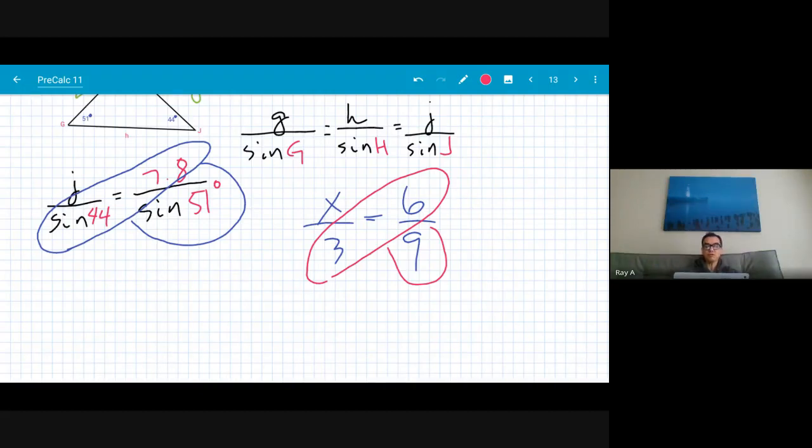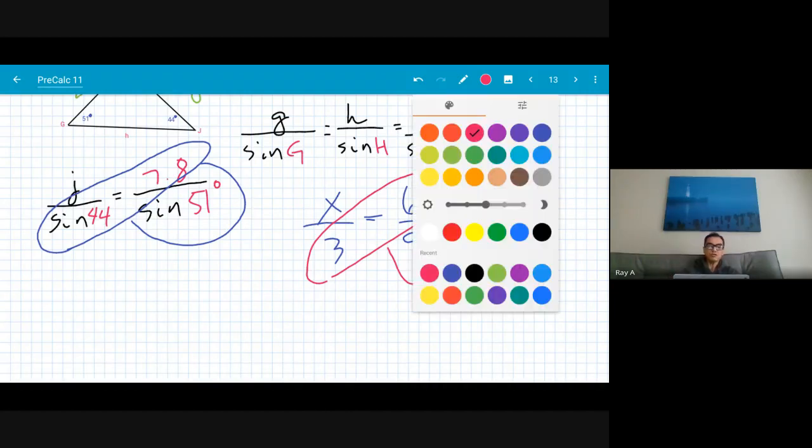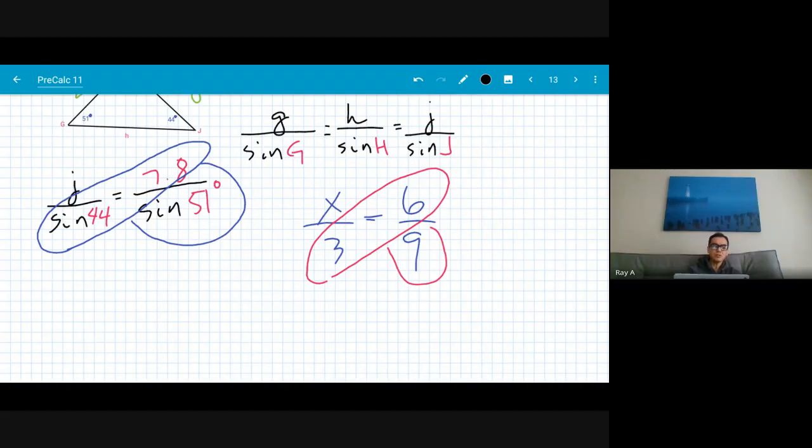Now you just have to be careful with using your calculator, because some calculators require you to put in the number first before hitting the trig ratio. For example, to do sine 44 on my calculator, you put 44 first and then press the sine button. Other calculators want you to press the sine button first and then put in the 44.